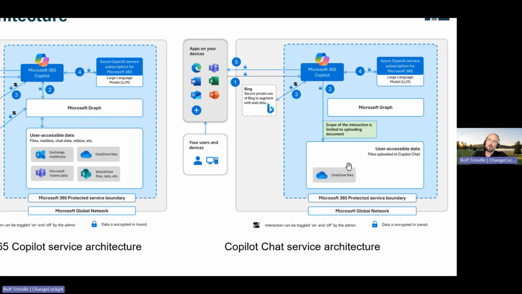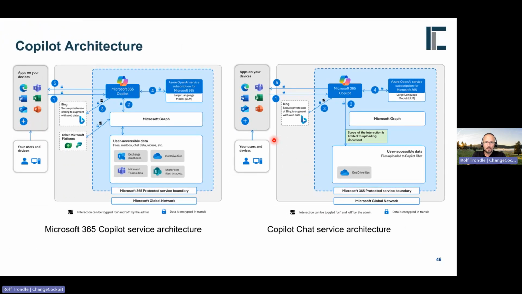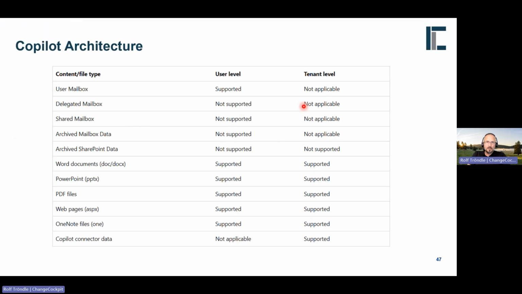So it does not have access to all your OneDrive files at once, but it has access to a specific mentioned OneDrive file when you add it to a prompt. That's the big difference. It has no access in general to your work data, just to some specific given information.